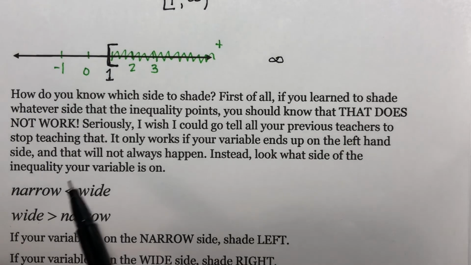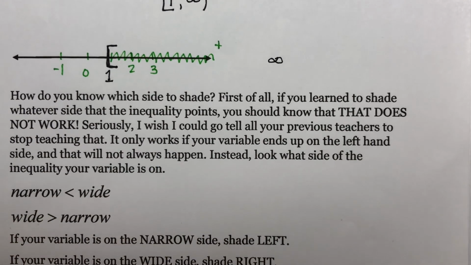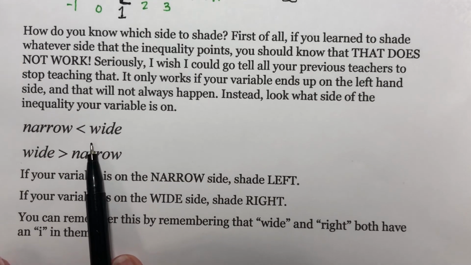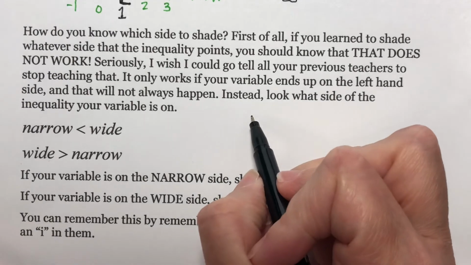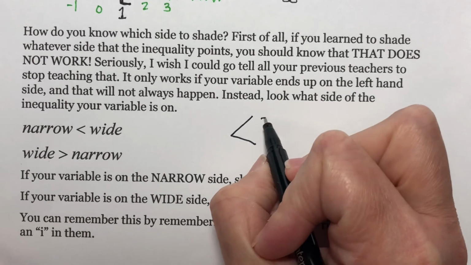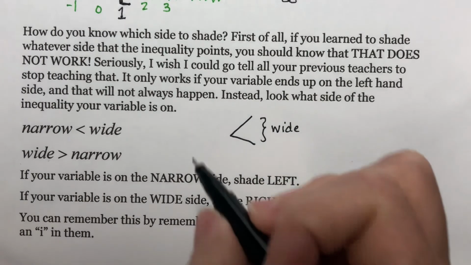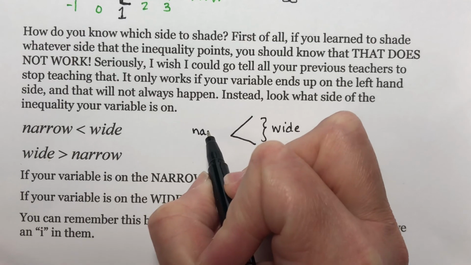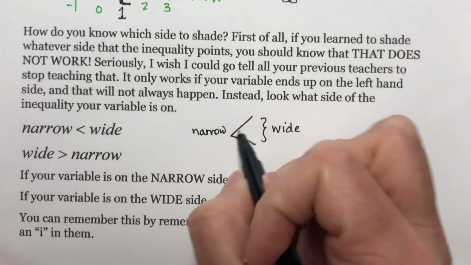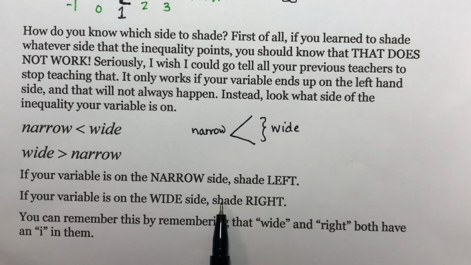Okay? One way to remember which side to shade. Of course, you can put in your numbers and you can just think about it. But here's another way of thinking about it. You're going to have some sort of inequality and it's going to point one way or the other. I call this the wide side of the sign, and I'll call this the narrow side of the sign. Because it's smaller over here, it's wide over here. You look to where your variable is.